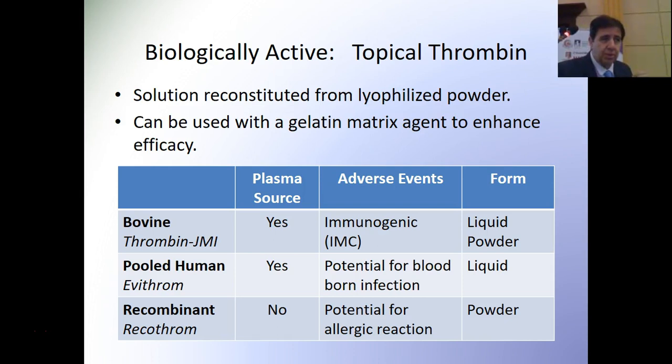The way it causes it is that there is some bovine factor V which triggers the formation of antibodies, and those antibodies interfere with the patient's factor V, and therefore create this immune problem. But as I say, we are shying more and more from this product, and we are using more and more the human, and now more recently the recombinant, which do not have those adverse effects.